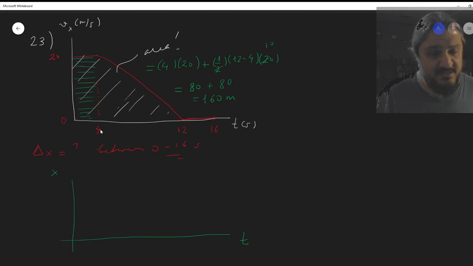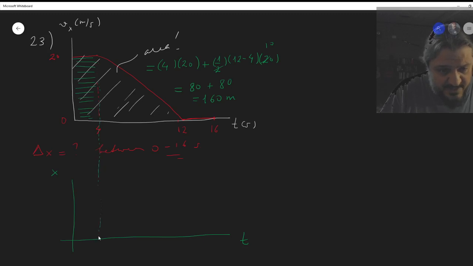For 4 seconds, it moves with constant velocity. So what happens to x? Well, x keeps increasing, right? But how? That's what we want to find. Now, I'm just going to draw a line that follows here number 4.